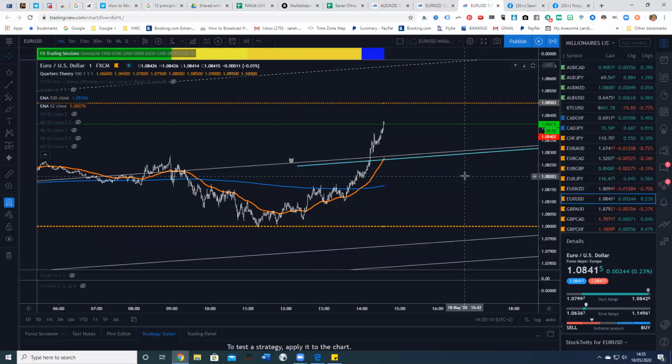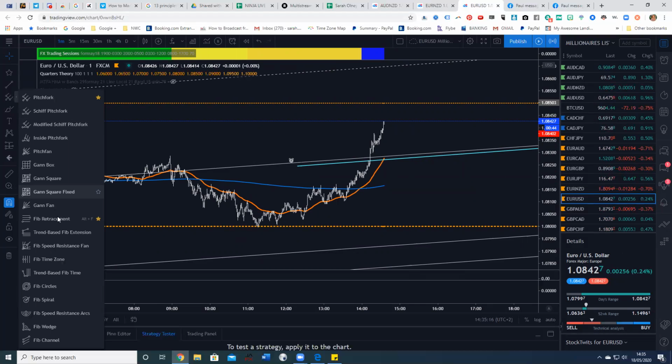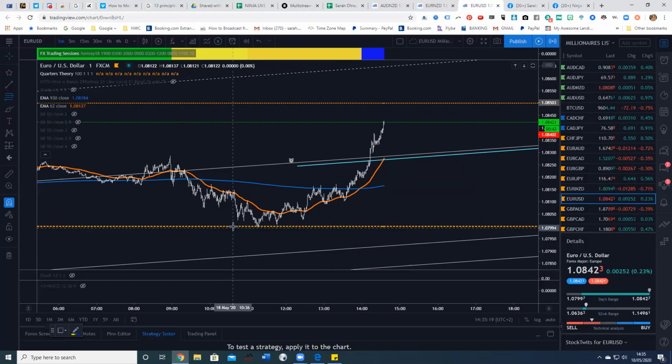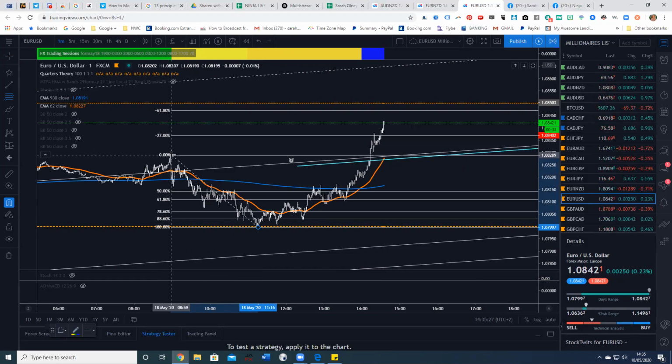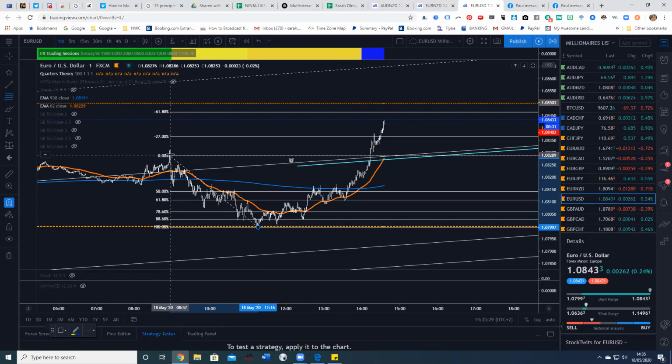So personally, I wouldn't have had enough confirmations to have taken this as a trade, but I could have tried a fib retracement, which we're talking about on our confirmation sheet. So from there to there, low to high, and you have had a rejection there of the 88.6.